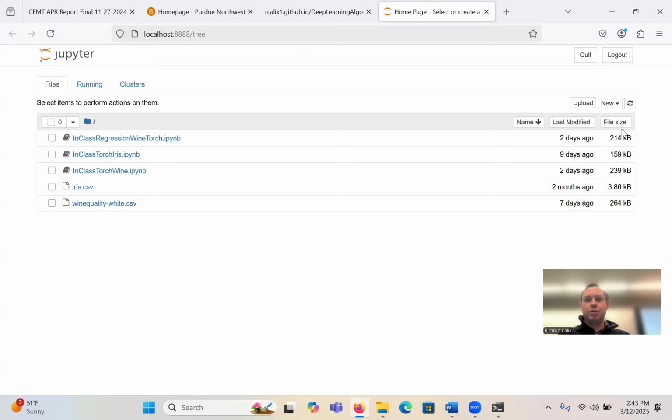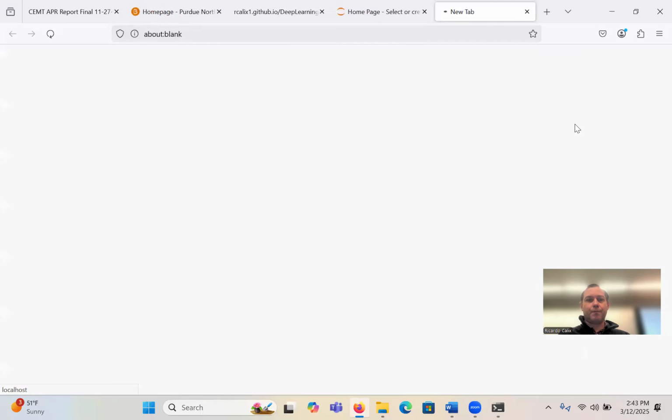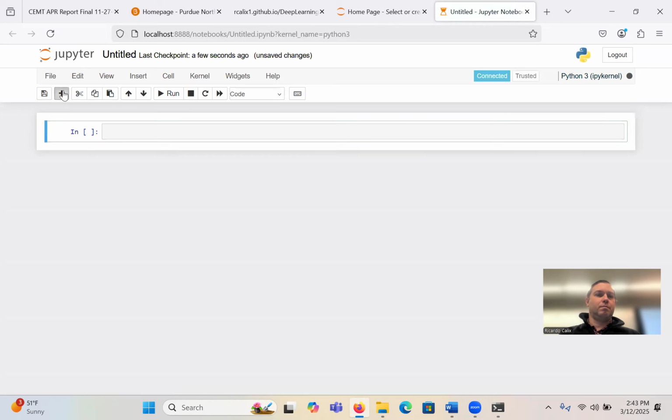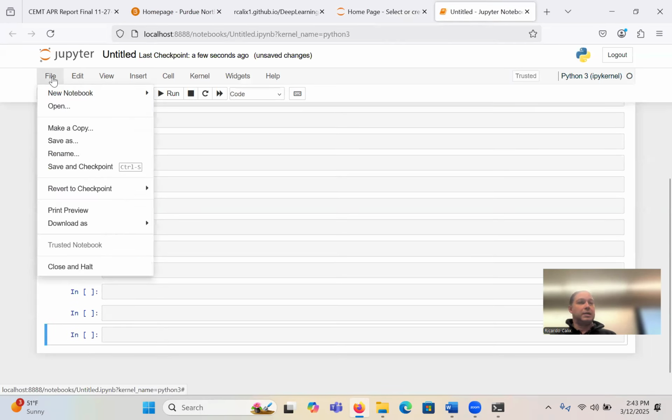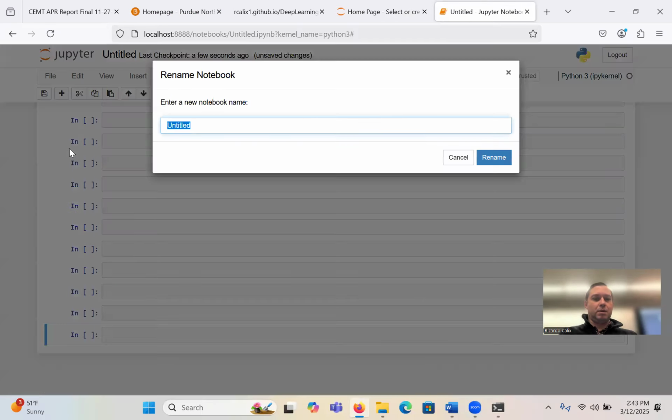I'm just going to create a new Jupyter notebook. I'm going to call this one in class, since you guys like having these. So this is going to be in class cross entropy.